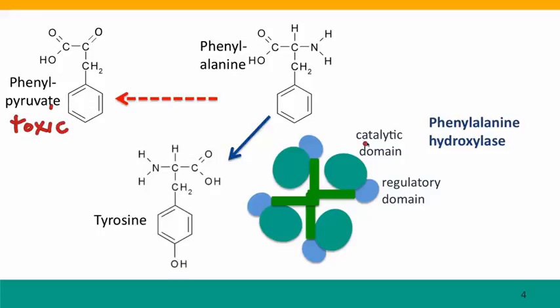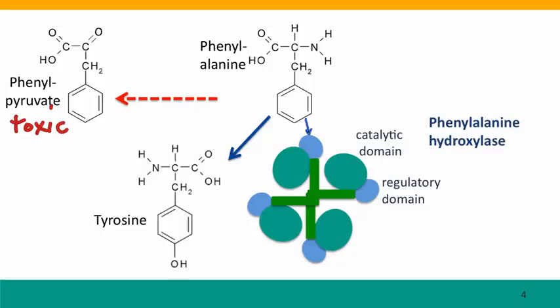But even normal cells have ways to make sure that phenylalanine levels never get too high. And that's the function of the regulatory domain of the enzyme. What the regulatory domain does is it binds phenylalanine when phenylalanine concentrations are high.